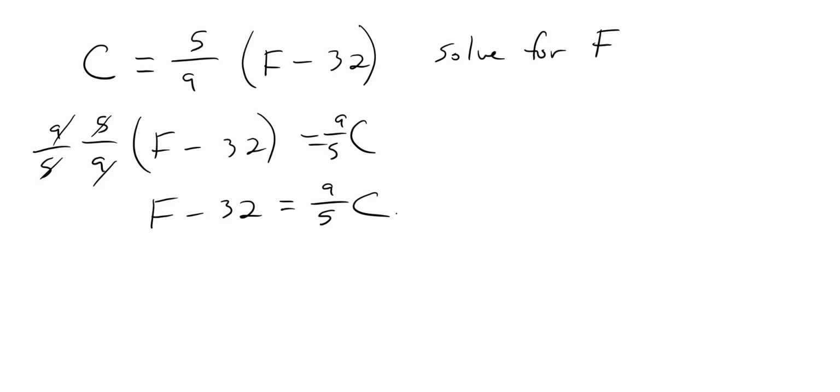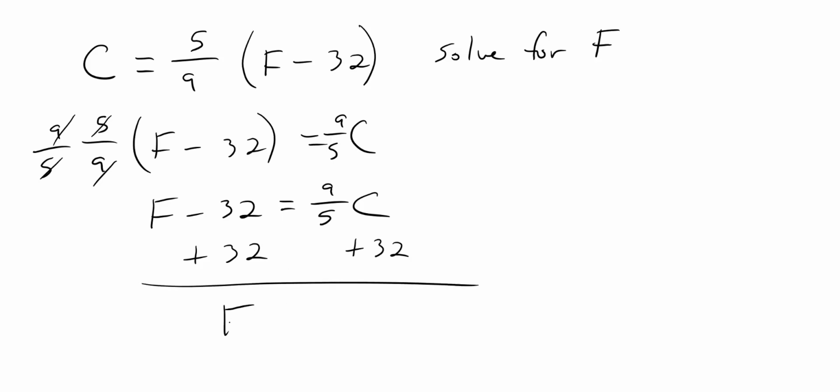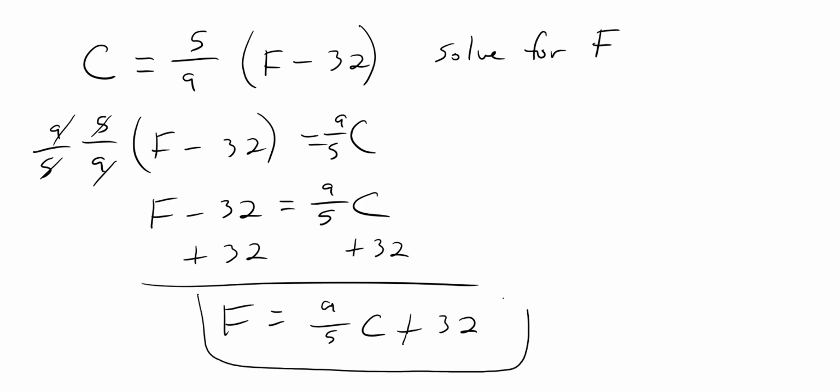Because the only thing you have to do now is you have to, what? How do you get rid of that 32? I add it. So plus 32. So F equals 9/5 C plus 32. Huh? That's not bad. Cool.